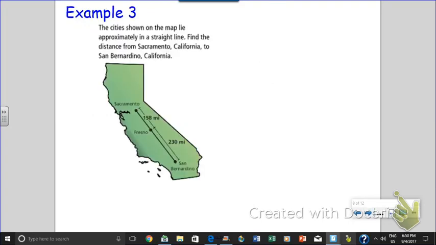Our next example, the cities shown on the map lie approximately in a straight line. Find the distance from Sacramento, California to San Bernardino, California. So we're finding the distance from Sacramento, which is here, down to San Bernardino. 158 miles to Fresno.